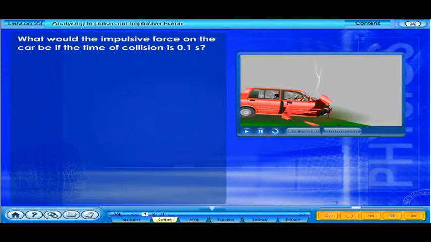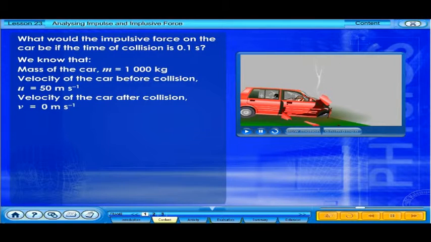What would the impulsive force on the car be if the time of collision is 0.1 second? We know that m equals 1,000 kilograms, u equals 50 meters per second, and v equals 0 meters per second.